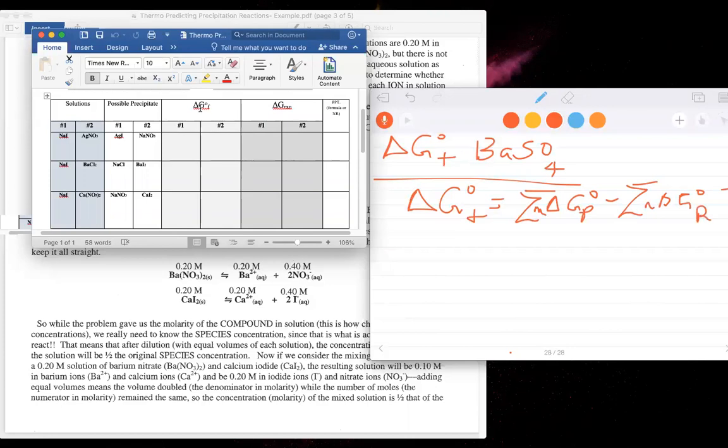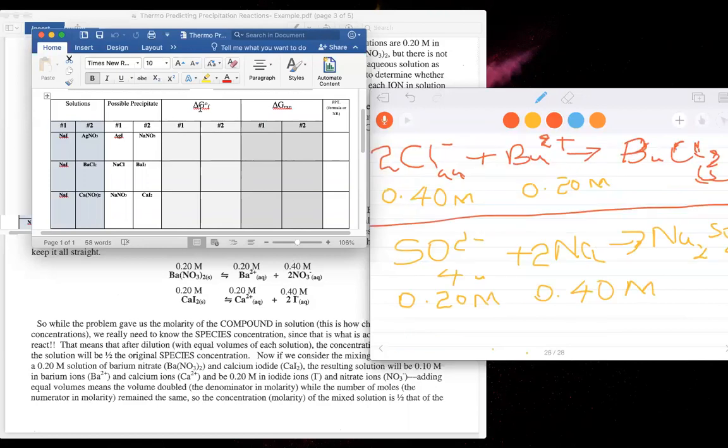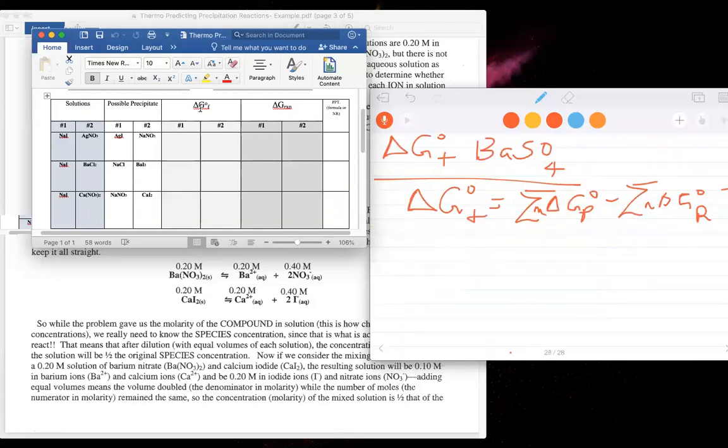If this is being formed from the solid, see from here, barium is going to combine with that. You assume that a solid is being formed, from barium and the sulfate ion. Remember, we have mixed the solution now.